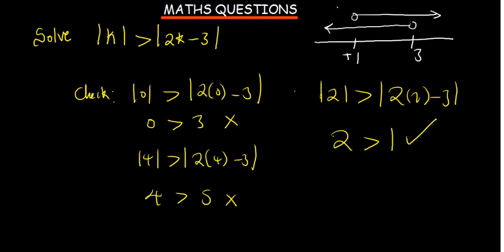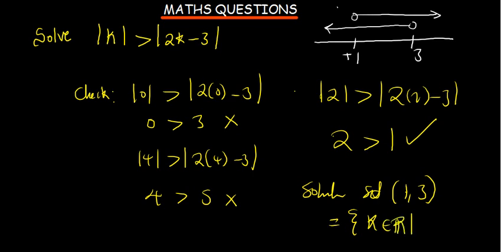So that means the solution set is from positive 1 to positive 3. We can also write it that x, or in this case we're talking about k, so k is a member of real numbers such that 1 is less than k, which is less than 3. So it's between 1 and 3.